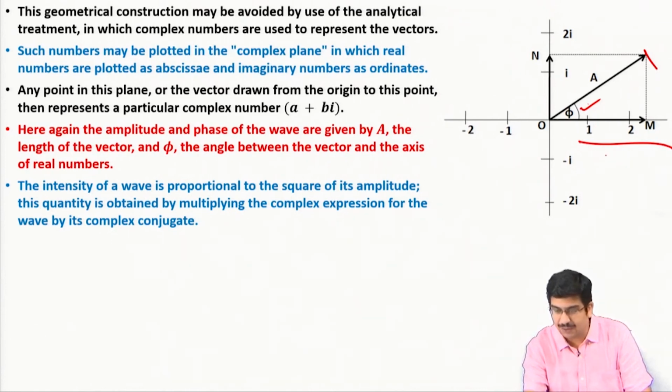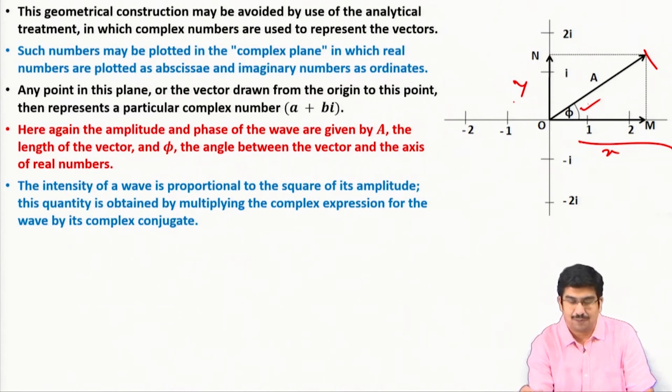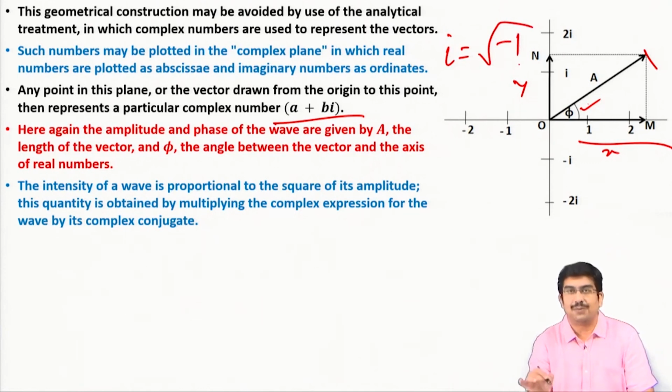The abscissa is the real axis, and this y axis is the imaginary axis. Complex numbers are expressed as a plus b i, where i is root over minus 1, the imaginary part of this entire expression.